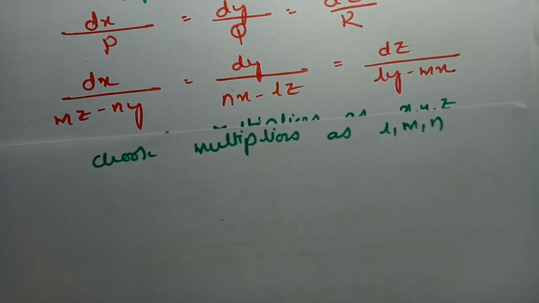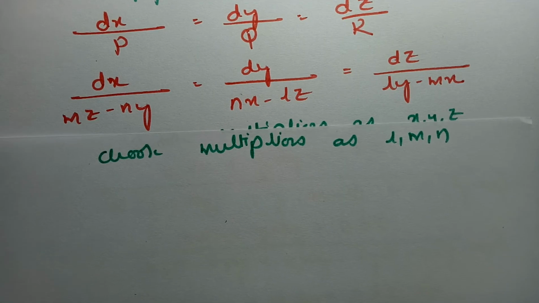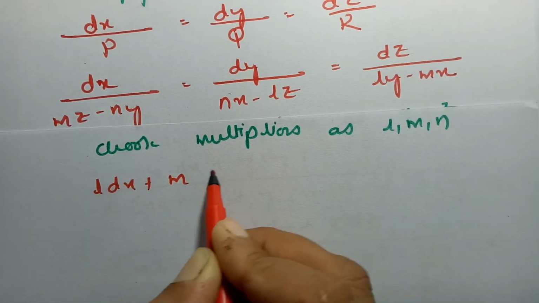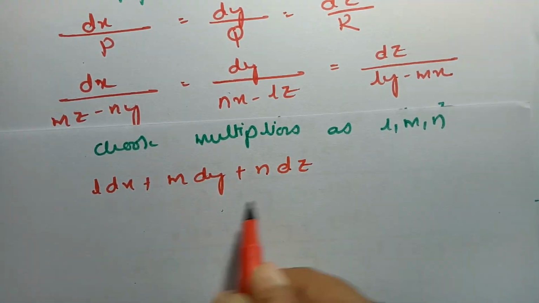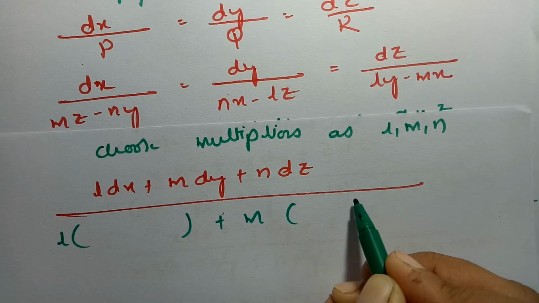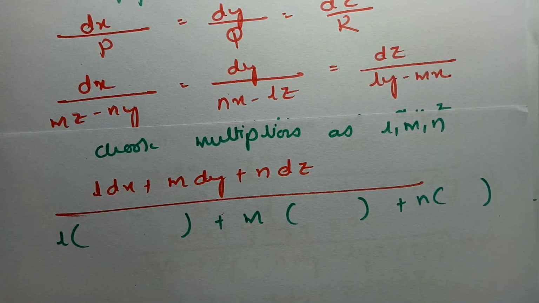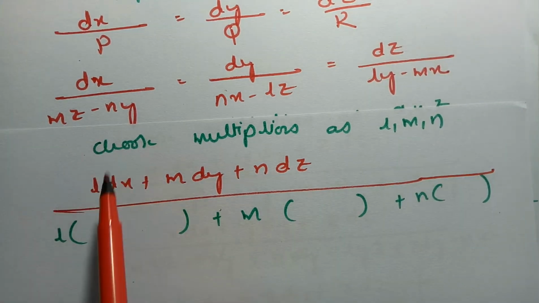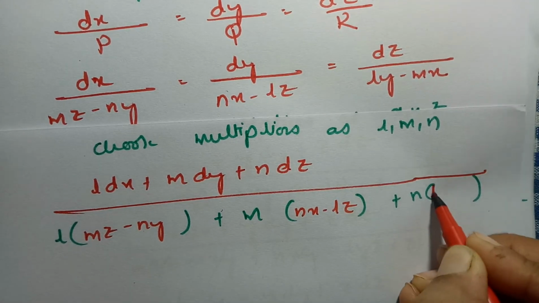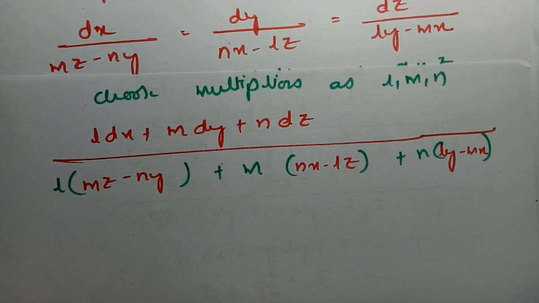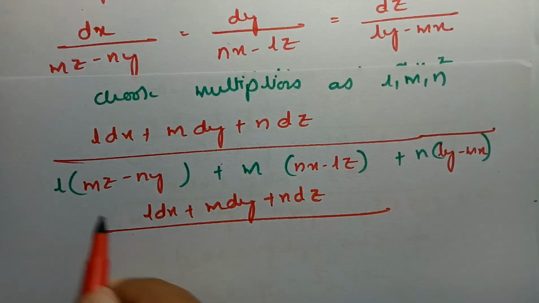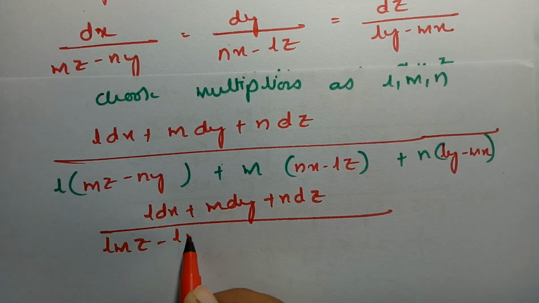See here, if I take L, M, N as multipliers, then it will be L into dx plus M into dy plus N into dz by L times, M times, and next N times, I have to multiply each and every term here, that is mz minus ny, nx minus lz, and ly minus mx.